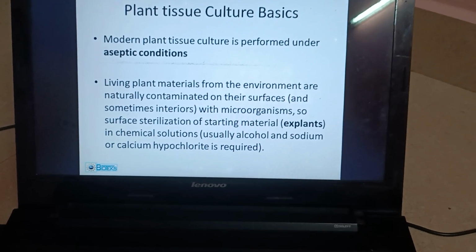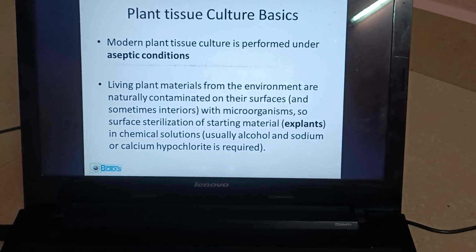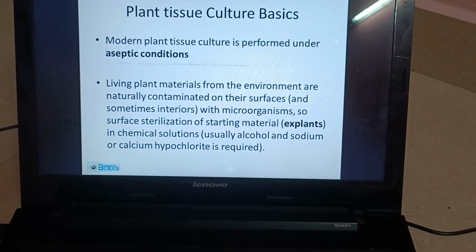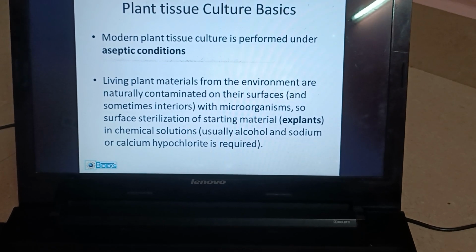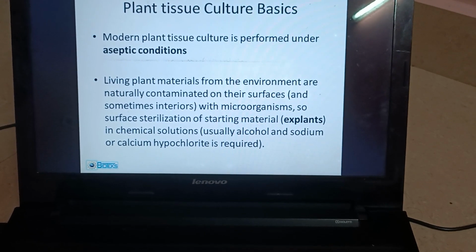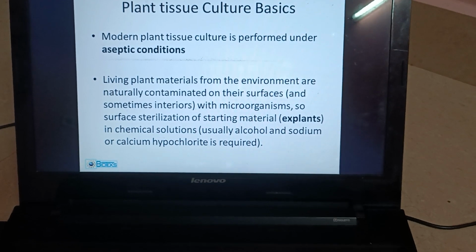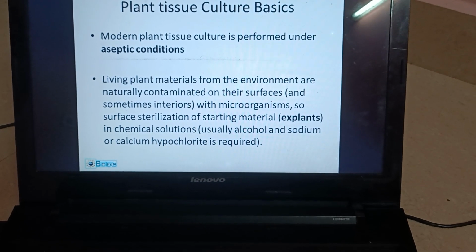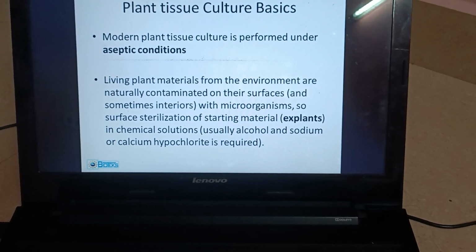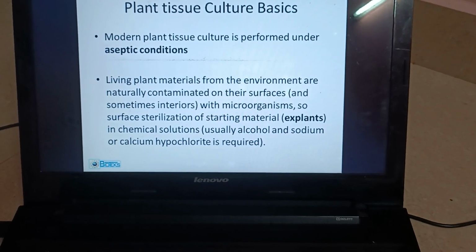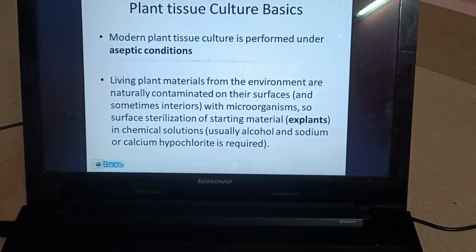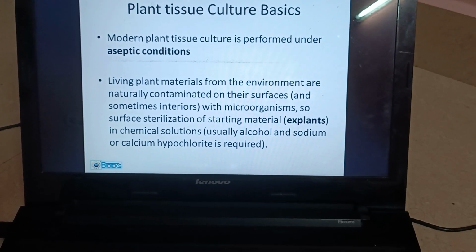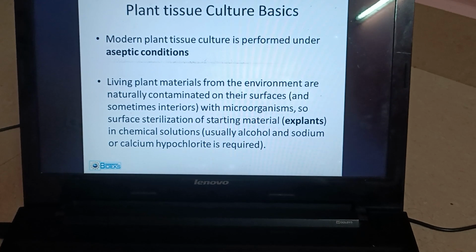And sometimes the interiors are contaminated too, not only from environmental sources but with some microorganisms. So the starting material, that is our explant, should be surface sterilized. It may be a shoot, root, leaf, anything else.